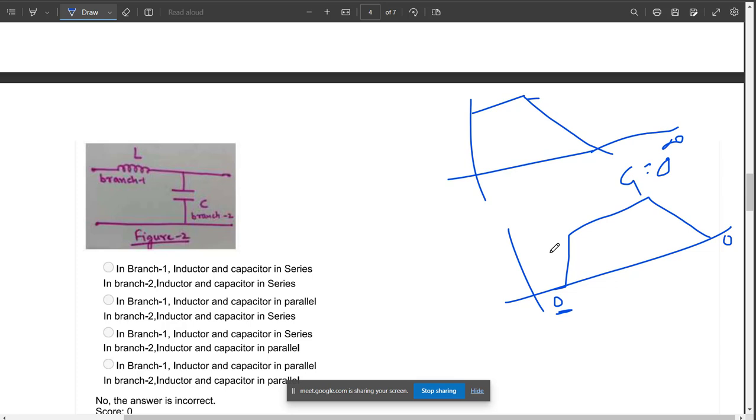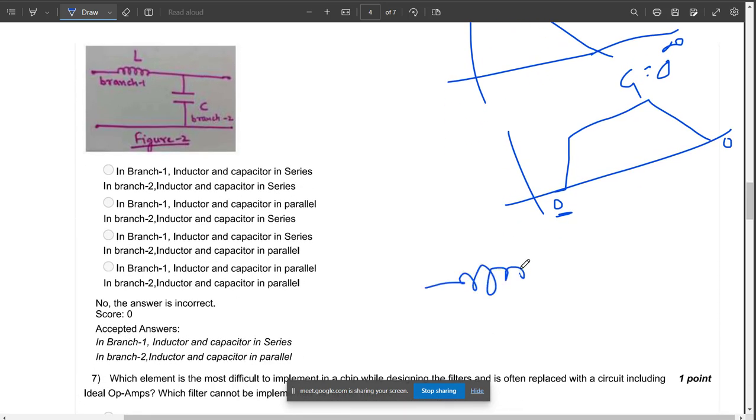Okay. So tell me one thing. Let's say this is an inductor, right?